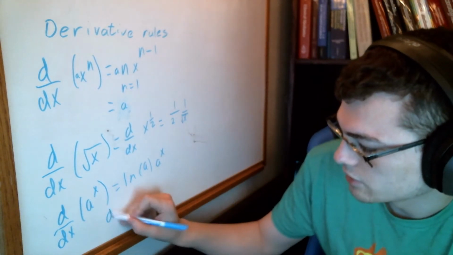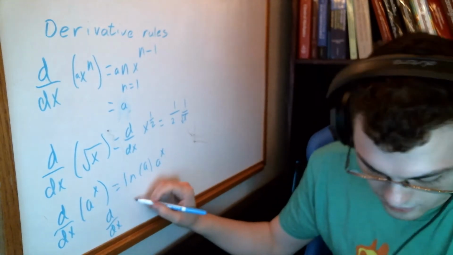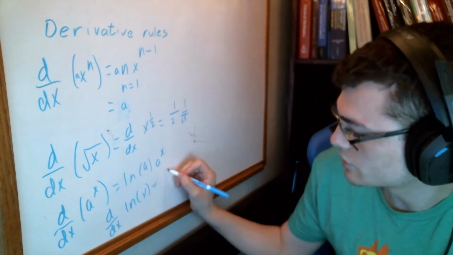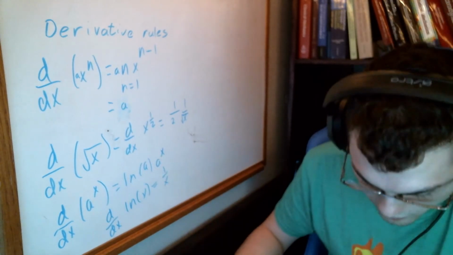And one that is a little more common is taking the derivative of ln of x is just going to yield back 1 over x.